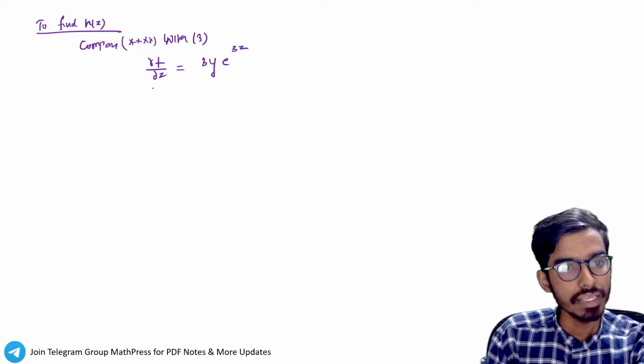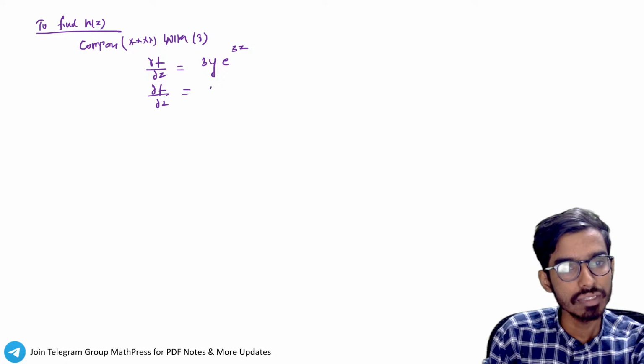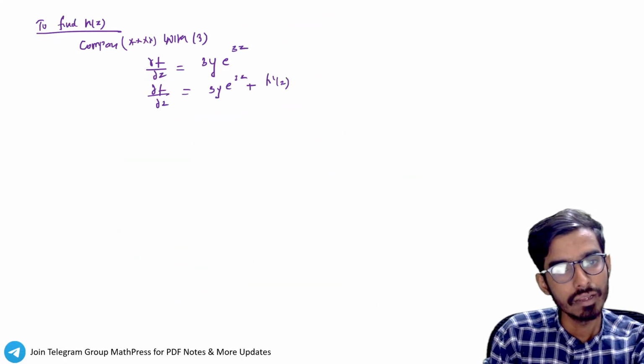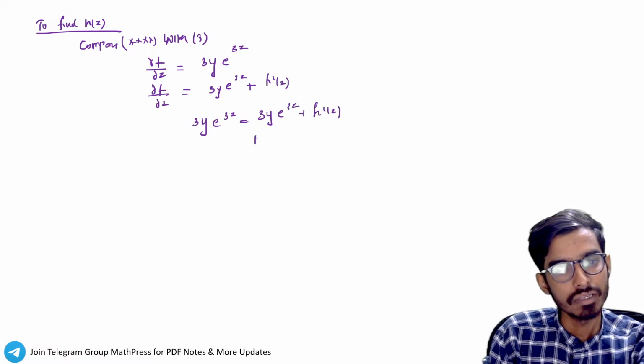But from 4 star, we have 3y e power 3z plus h dash of z. So when you compare this, you will have 3y e power 3z is equal to 3y e power 3z plus h dash of z. So this implies h dash of z is 0. This implies h of z is constant.